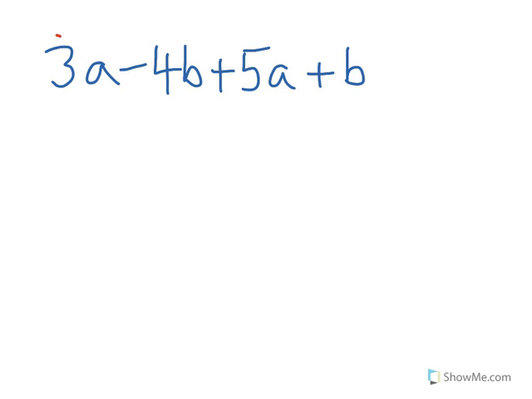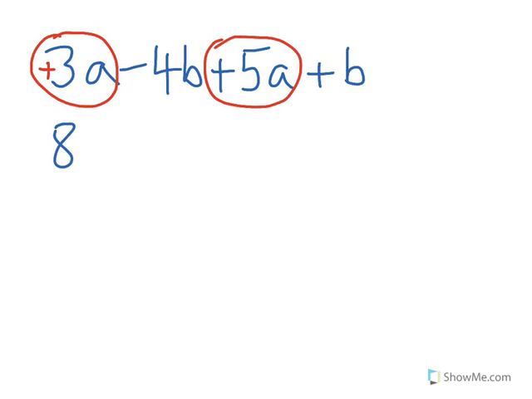So, the 3A at the beginning. Now that 3A at the beginning is a plus 3A, even though we don't bother to put the plus in. That's a plus 3A. And we've got a plus 5A there. So let's add those together first. 3A plus 5A will be 8A. That's the A's done. Let's now do the B's.